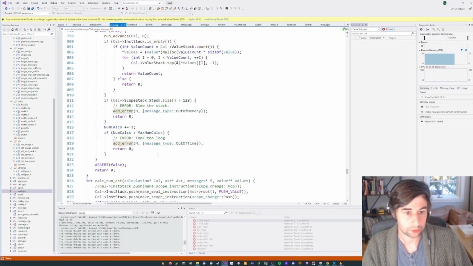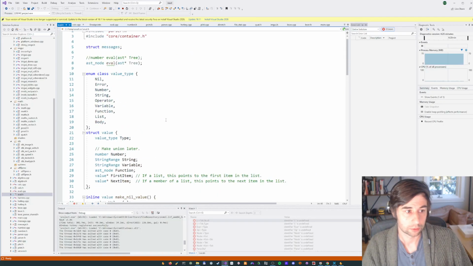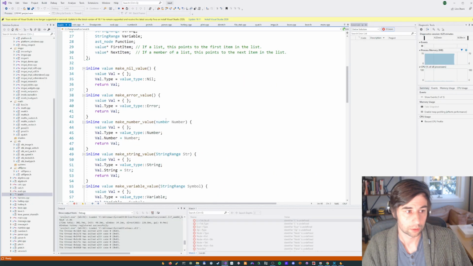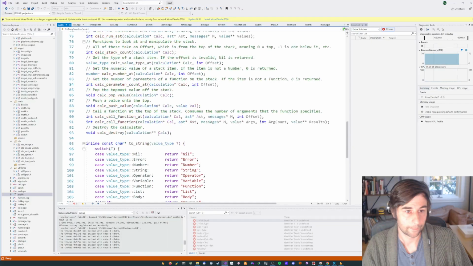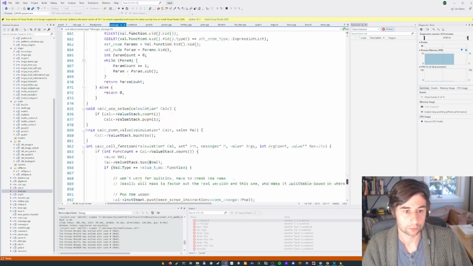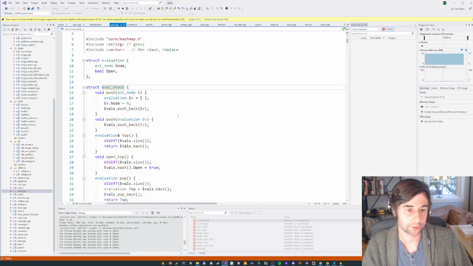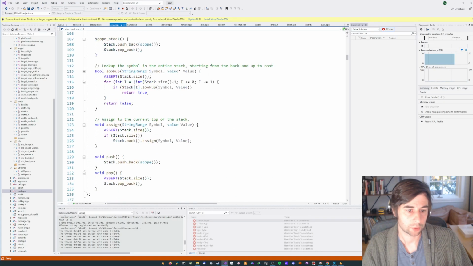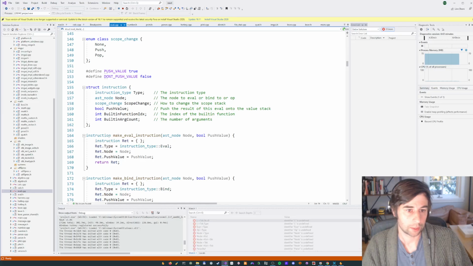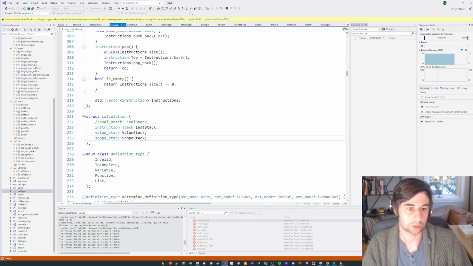The evaluator is basically a virtual machine that has a bunch of different stacks. I'm trying to remember where everything lives in the code. Yeah, there's eval stacks, value stacks, scope stacks, and the actual calculation is an instruction stack, a value stack, and a scope stack.